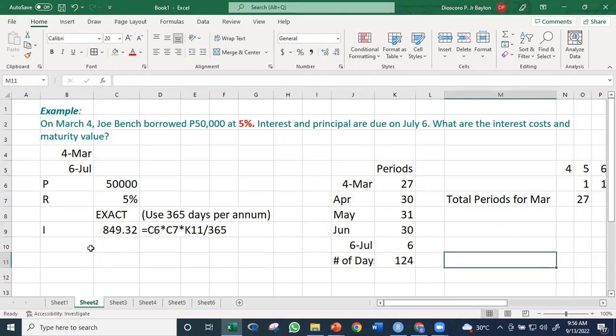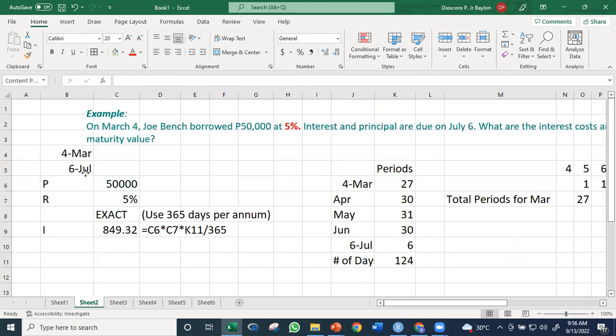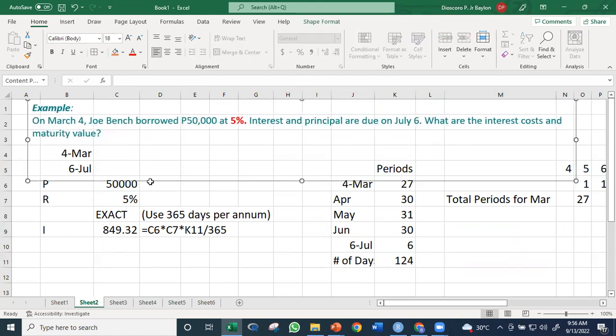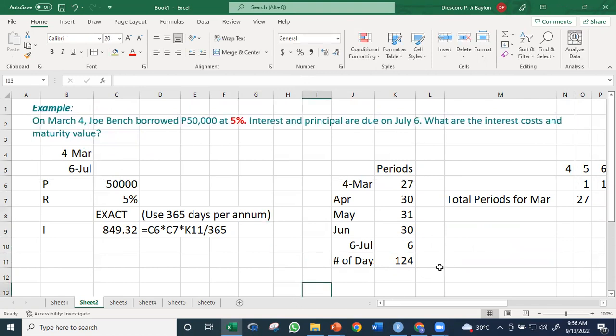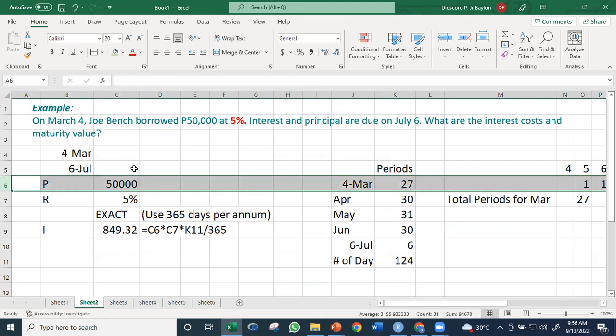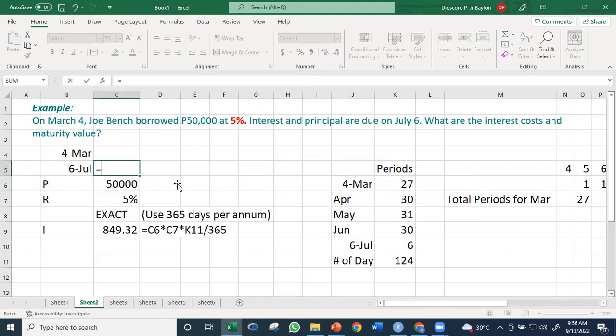All right. Actually, in Excel, and since we're going to make use of Excel, let's see what happens if I subtract July 6 minus March 5. Can we get that? Okay, see, it's automatic in Excel.